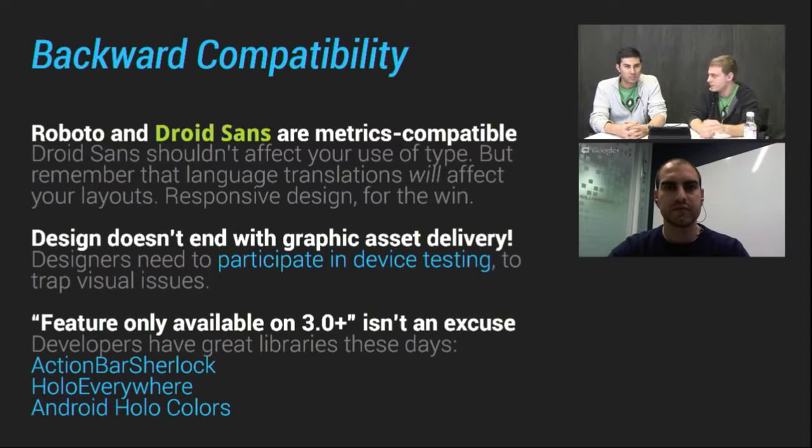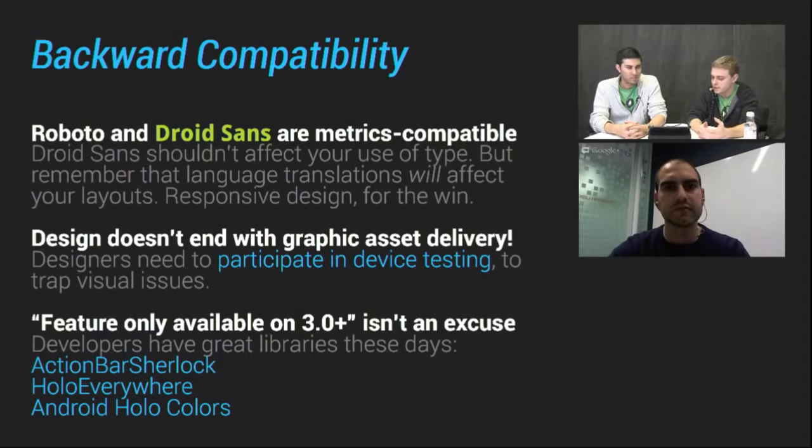So what's more important here is things like translations, where for example, the German strings for something will cause things to be really, really wide. That's more important to think about than just saying, oh, I need to choose the right font here. So be more aware of that than the difference between Droid Sans and Roboto in English, for example.